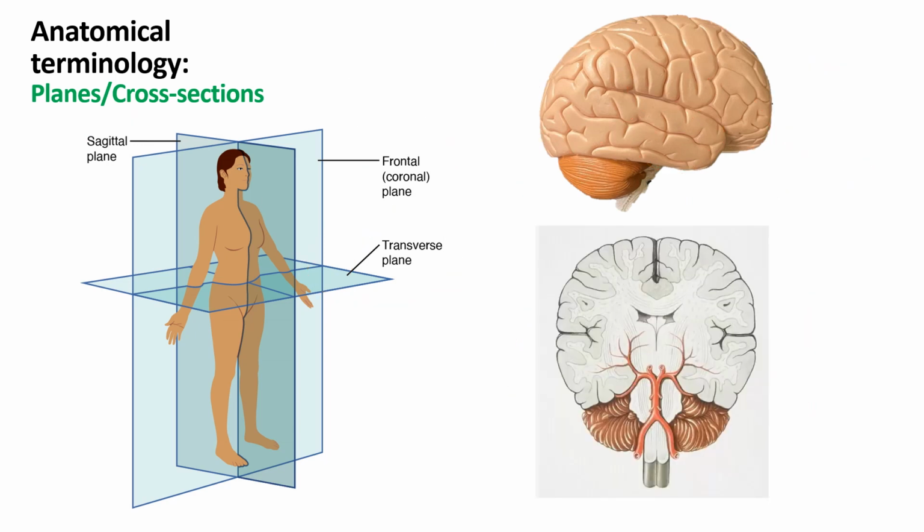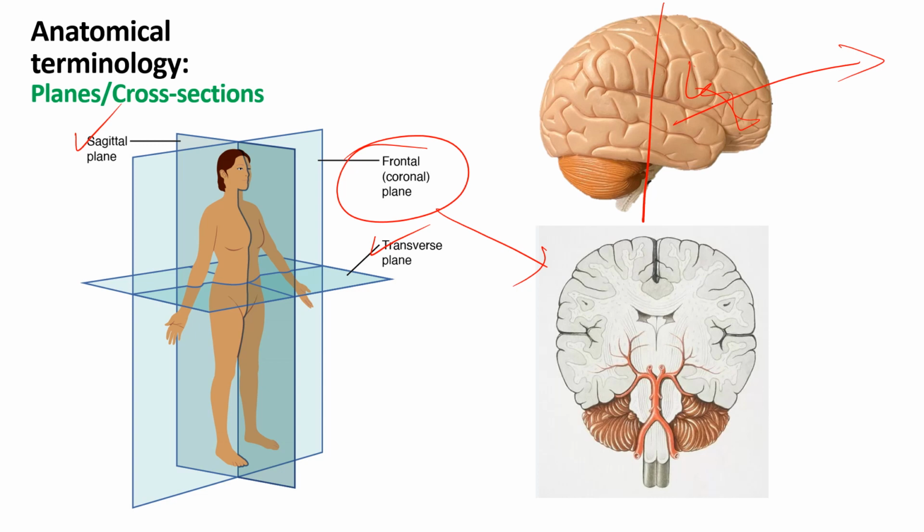Let's do the last one. Well, you probably know now that we reviewed sagittal, we reviewed transverse. This must be a coronal cross section. Now, we cut the brain in this direction, this part, take it away. Now we're looking at this portion here, right?